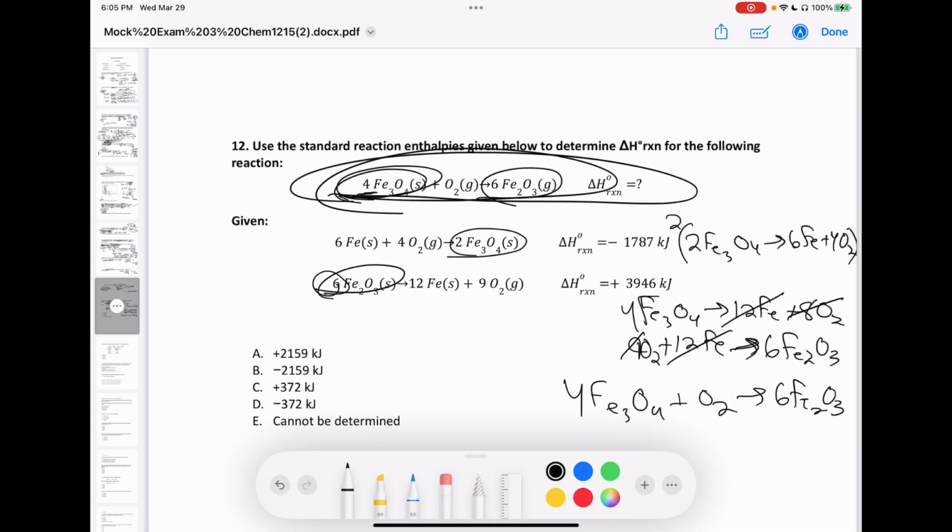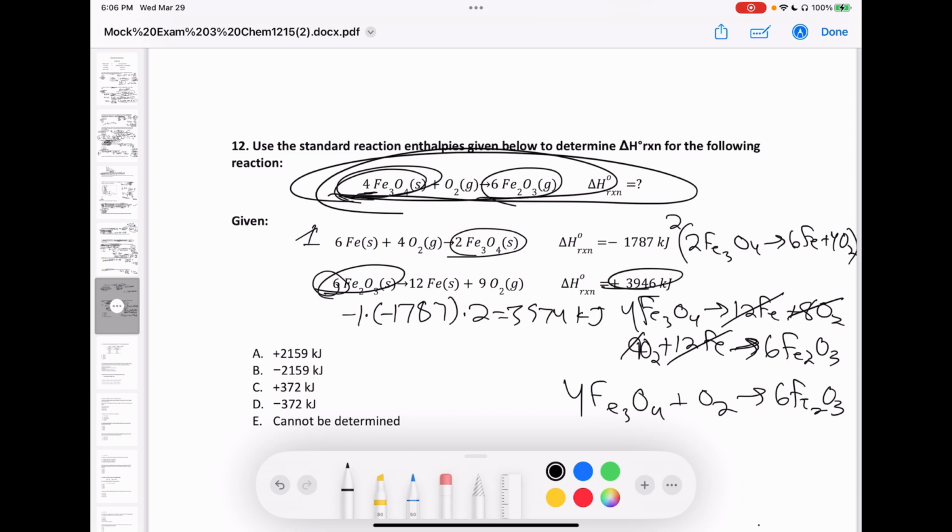So because for this first reaction, reaction 1, we flipped it and doubled it, we're going to reverse the sign. So negative 1787 times negative 1 times 2 because we doubled it, and then the negative 1 on the front is because we flipped it. And that's going to be equal to 3574 kilojoules.